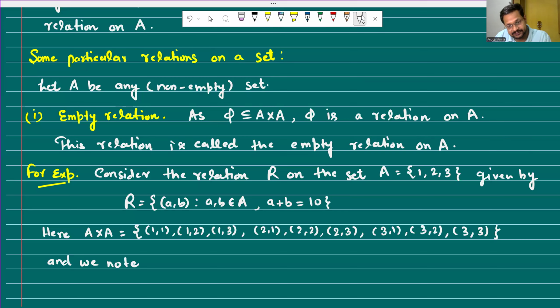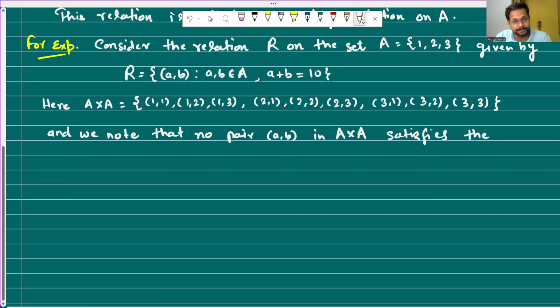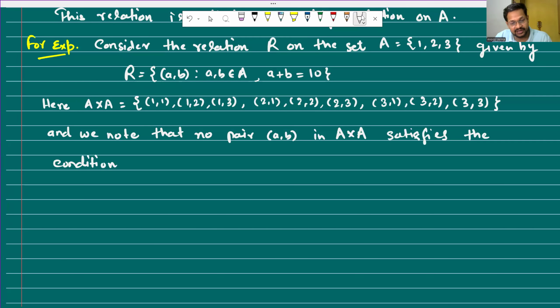We note that no pair in A cross A satisfies the condition from which we are forming the relation, that condition is A plus B equal to 10. It means R has no element, but the condition is there, the relation is there.